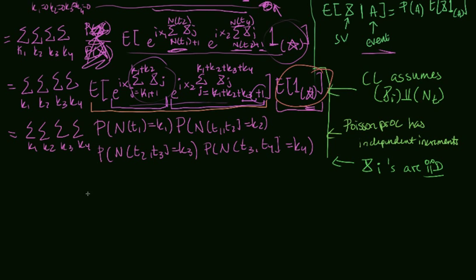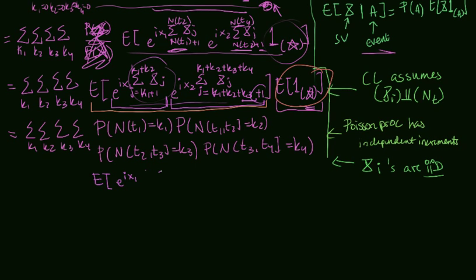And because of that, we may split the expectation up into a product. So we have the expectation of e to the ix1, and then we will have the sum of xj's from k1 plus 1 to k1 plus k2. But then we notice another thing, which is that the xj's have the same distribution.